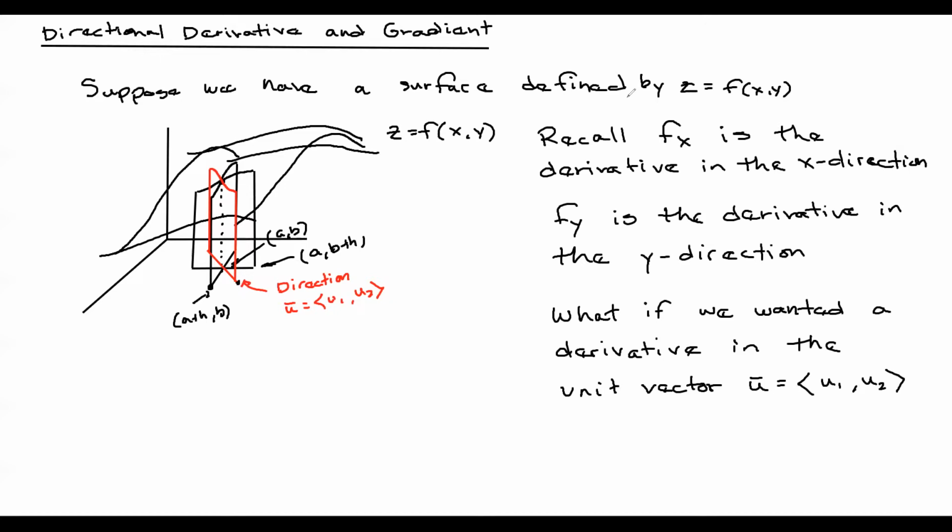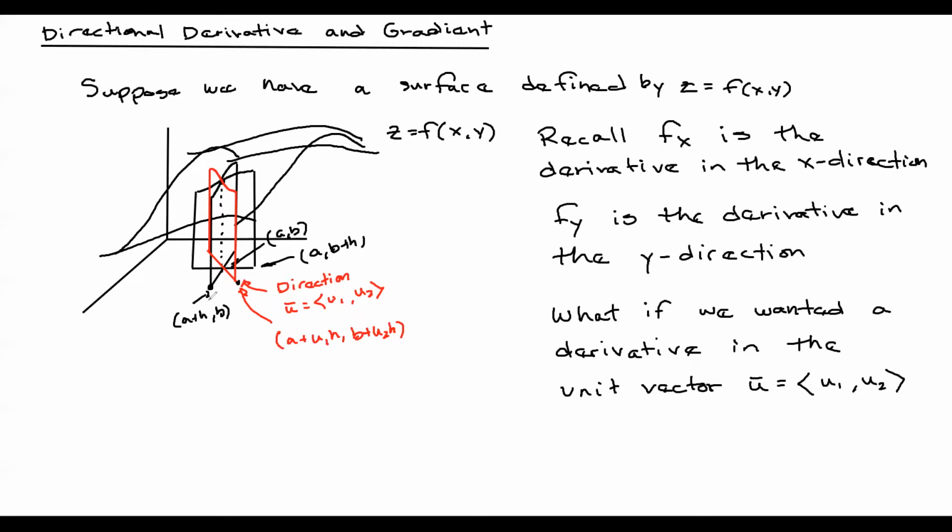So the point at the end will be (a plus u1 h, b plus u2 h). Because (u1, u2) is a unit vector, it's length 1, so if you take h multiples of (u1, u2), that's an h-sized step in the (u1, u2) direction. So you take an h-sized step in x, an h-sized step in y, and an h-sized step in the (u1, u2) direction, and those are all the corresponding points that we end up getting.